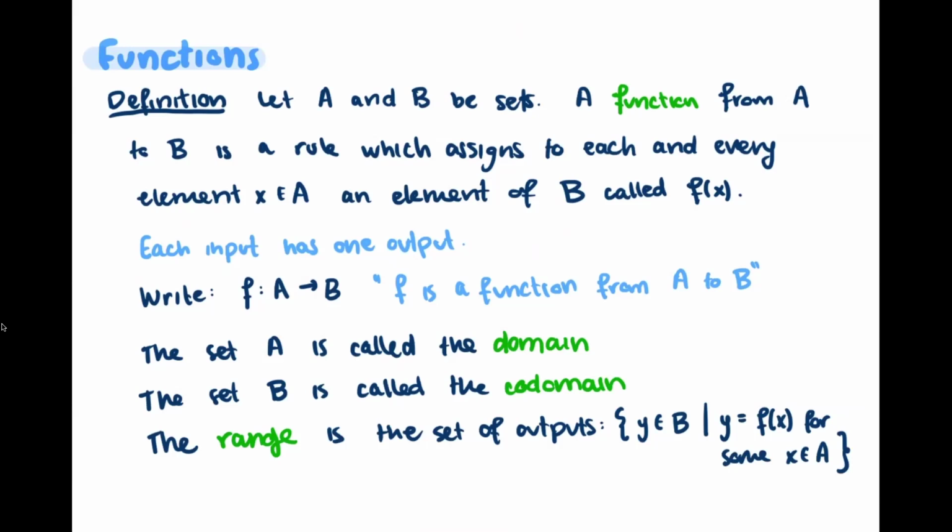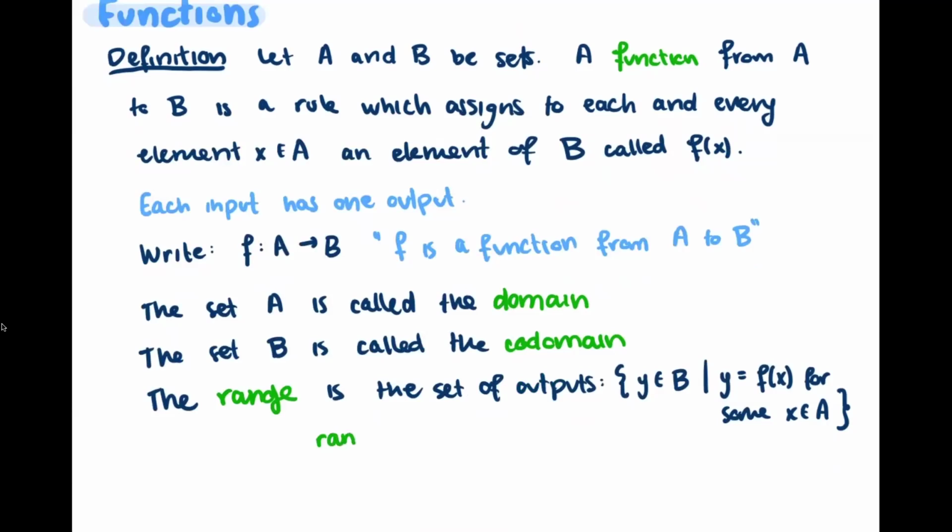So if I stick all of the elements of A into f and look at what elements of B are spit out, that is the range. We'll do an example in a second. So you can just remember the range is always a subset of the codomain.